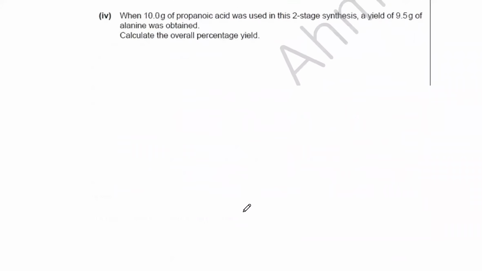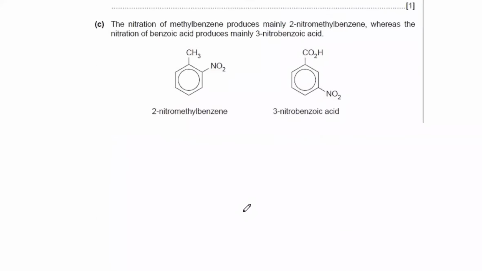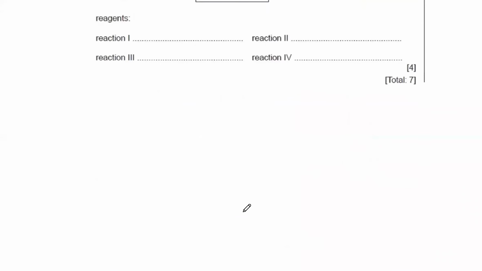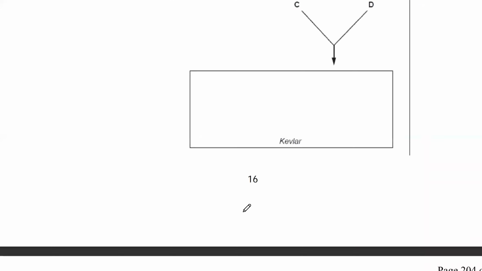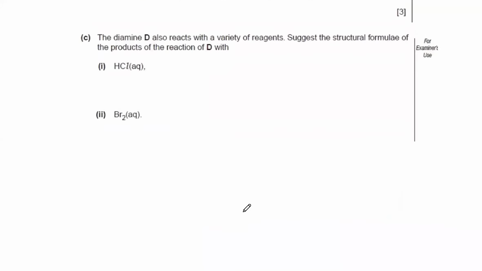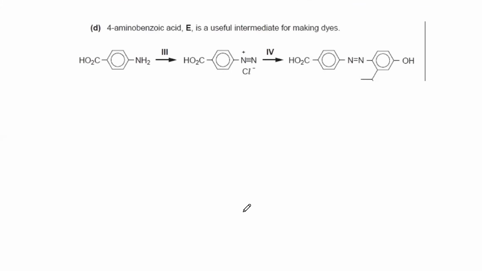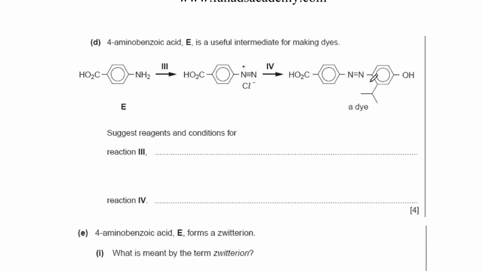So that was kind of random, but are there any other questions similar to this? There are lots of questions, but in this worksheet, let me just try and find out. Here's another one. Same thing, reagents and conditions. So there's an N≡N+.